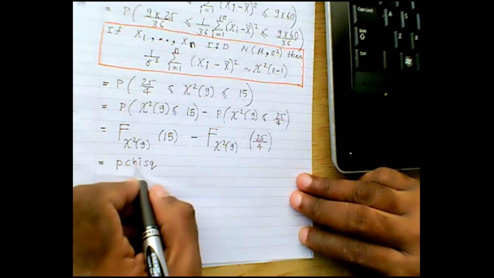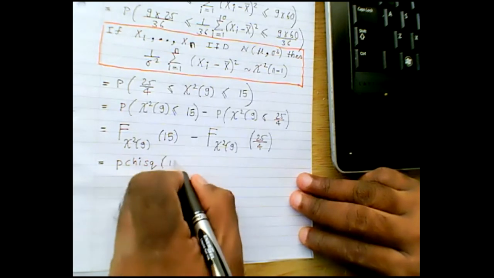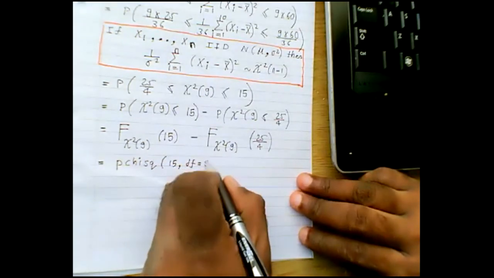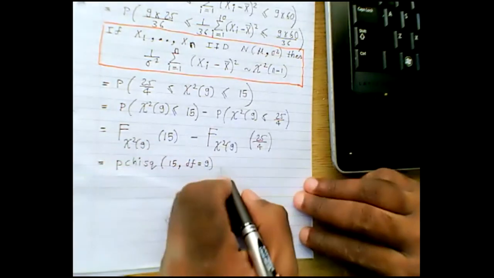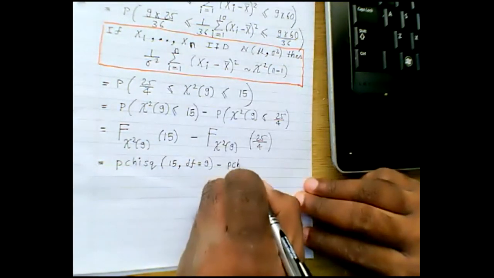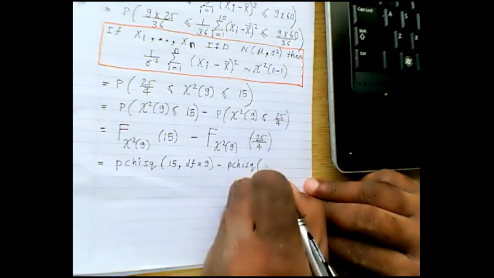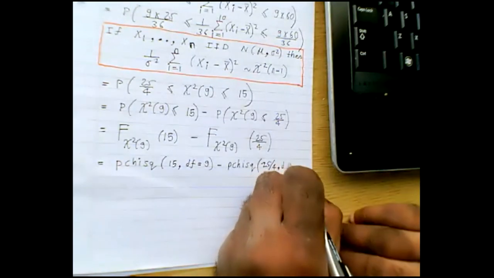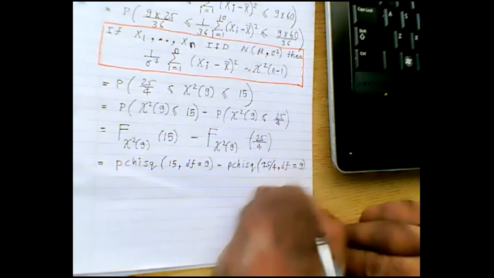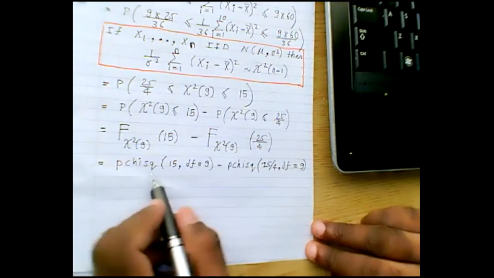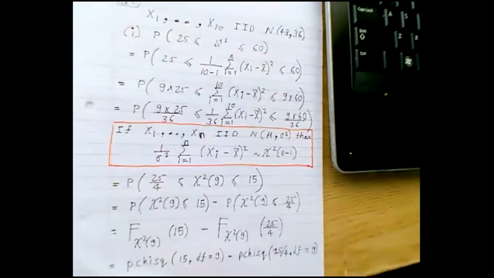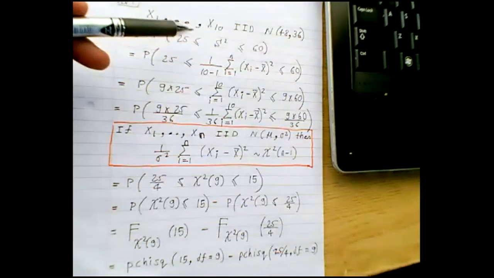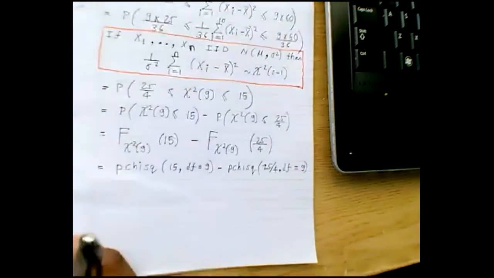So if you say pchisq at 15 with df, which stands for degrees of freedom, equal to 9, this will compute this probability here, minus pchisq 25 by 4, df equal to 9. It will compute this probability here. So if you take the difference of these two, you will get the answer to the question: the probability that the sample variance is between 25 and 60, right?